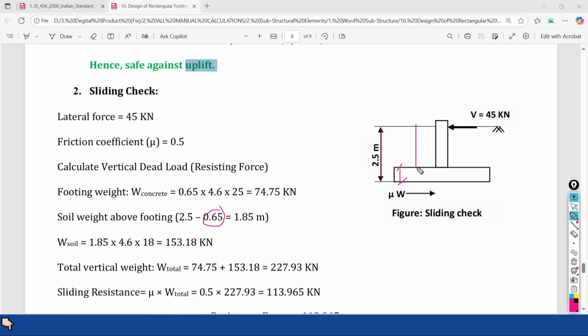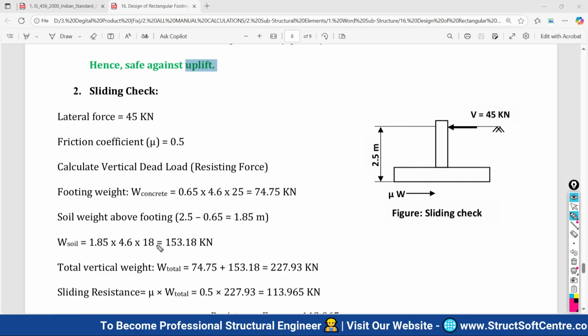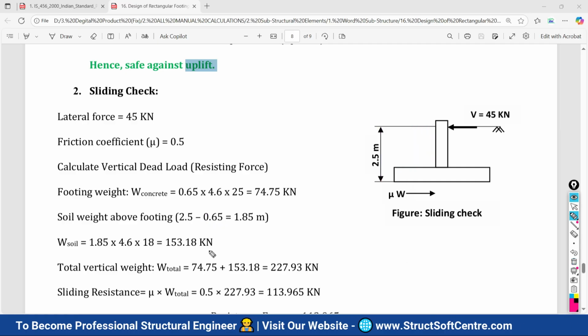This is your net height, and the soil present in this net height is all we have to consider. So 1.85 height of the soil above the footing, multiplied by the area of the footing, multiplied by the unit weight of your soil. So the soil weight we get is 153.18 kilonewton.